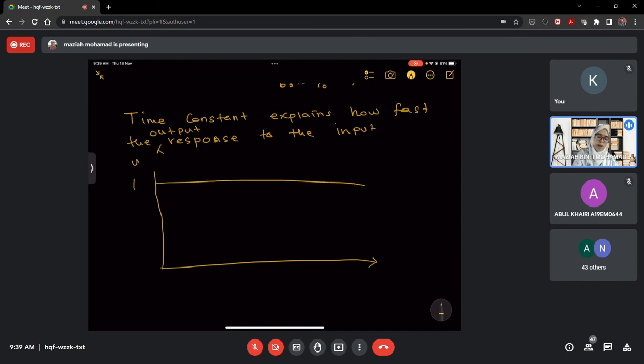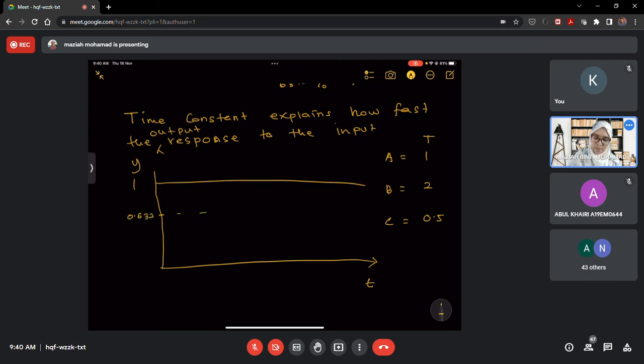This is Y, this is T. Let's say the first system A has T equal to 1 second, B equal to 2 seconds, C equal to 0.5 second. We know that the output at the time constant will equal 0.632.